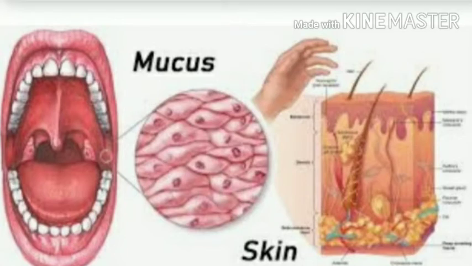Mucous membranes are composed of an epithelial layer that secretes mucus and a connective tissue layer. The mucus is a physical barrier that traps microbes.